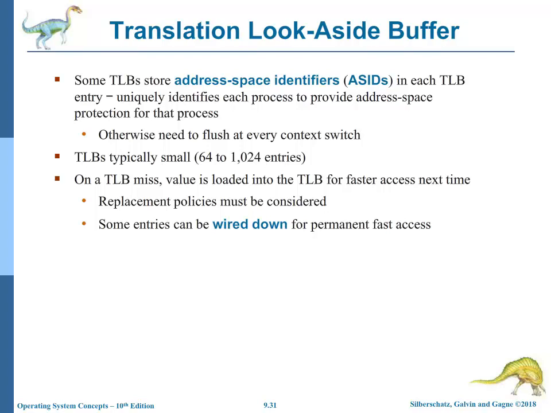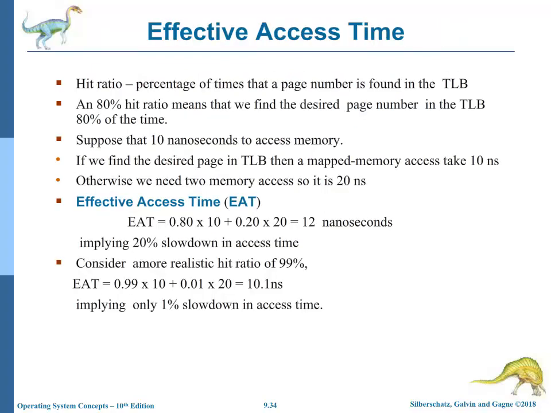This allows entries from multiple processes to be stored simultaneously in the TLB without granting one process access to some other process's memory location. Without this feature, the TLB has to be flushed clean with every process switch. The percentage of time that the desired information is found in the TLB is termed the hit ratio.